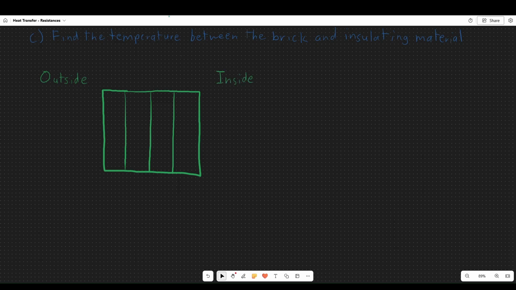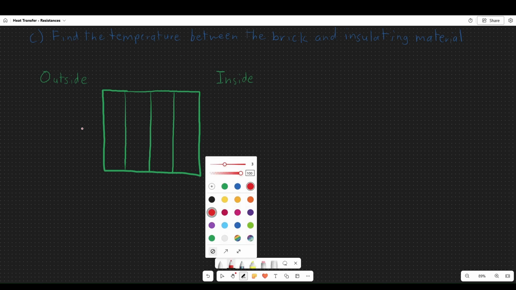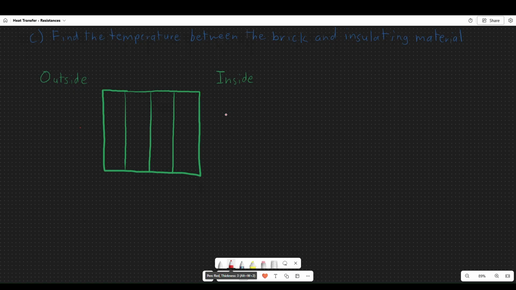of the house, we basically have six different sections. And so let's label them. On the outside, we have brick. And then we have insulating material. We have air.